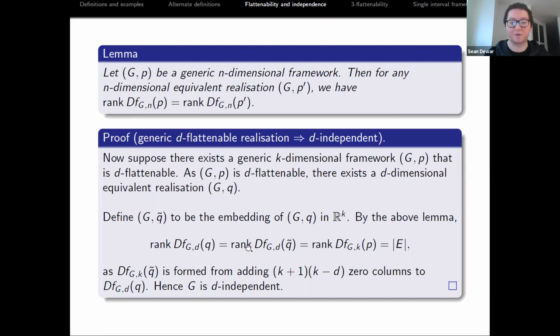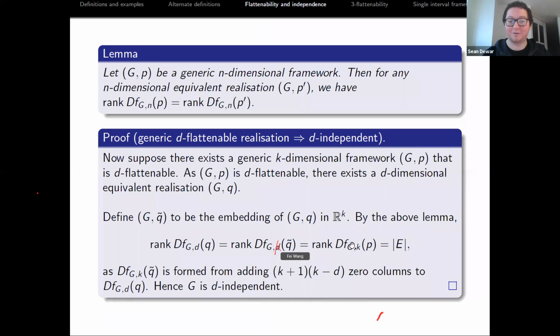We can see that this is true because this rigidity matrix is literally just adding columns of zeros in. That's all we're doing. We just added a load of columns that are just zeros in them. This by our lemma is equal to this, remembering that this D is supposed to be a K. So this is equal to this because G_P is generic.